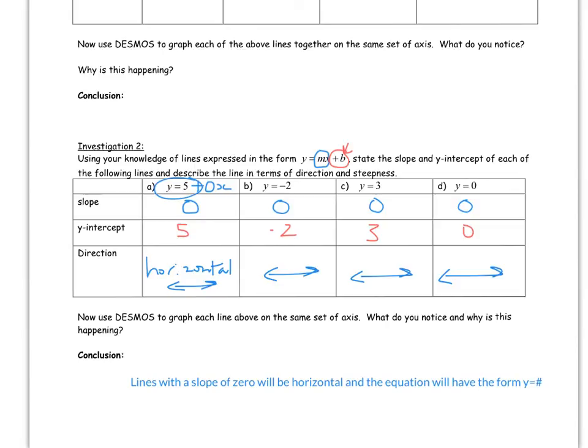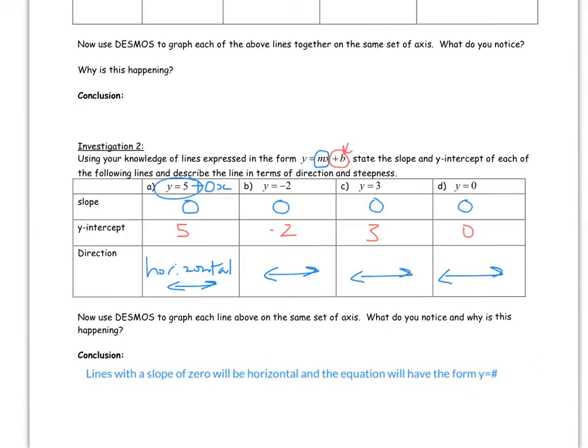There's no x's in it. Okay, so y equals a number. There are no x's in the equation. So anytime you see a line that's just y equals a number, you know it's going to be a horizontal line. It's a slope of 0.